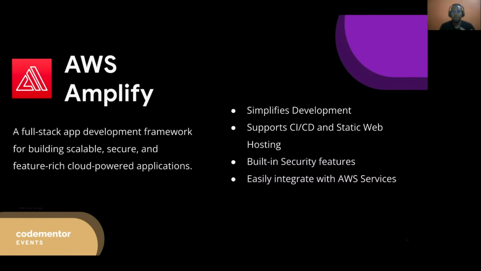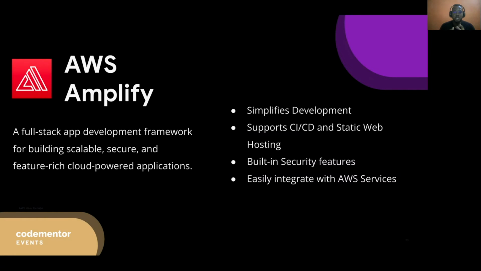So what exactly is AWS Amplify? AWS Amplify is a full stack app development framework. To summarize what Amplify does, it makes it very, very seamless for us to build applications on AWS. It helps from development even down to hosting, right?